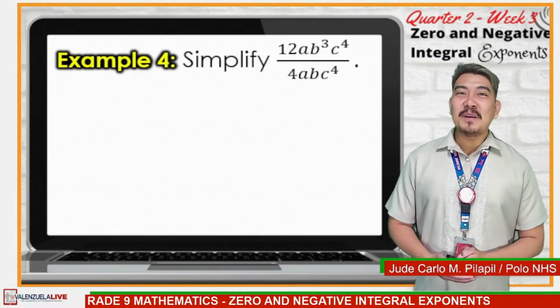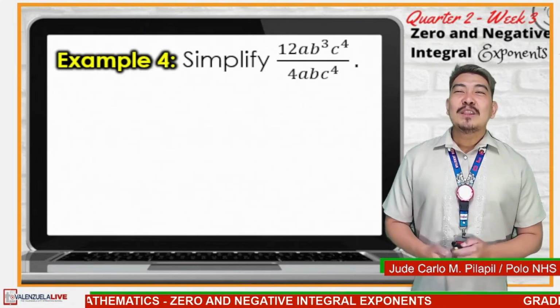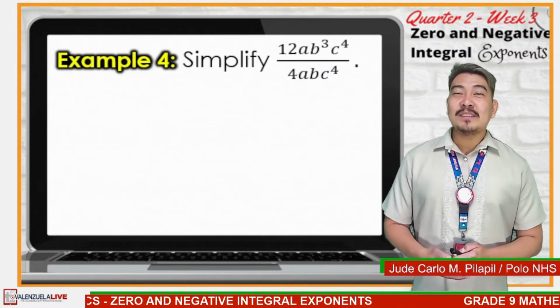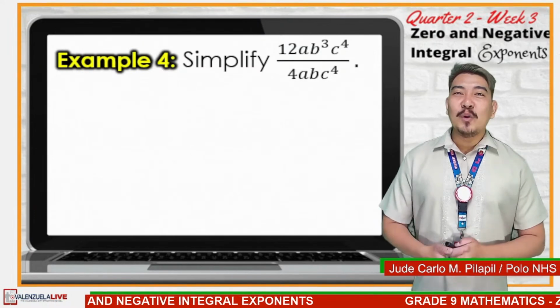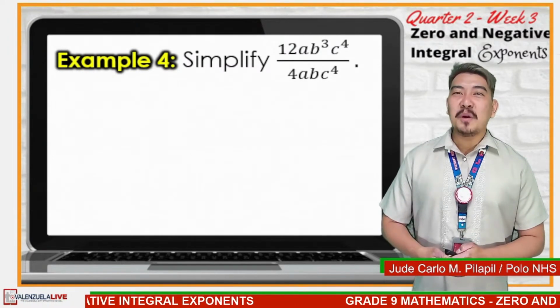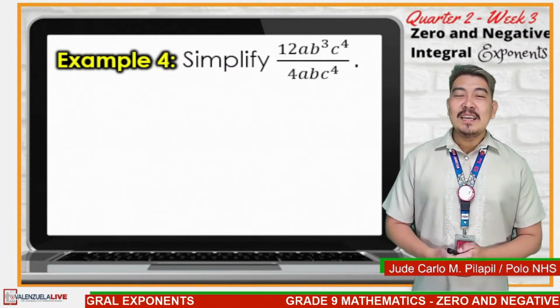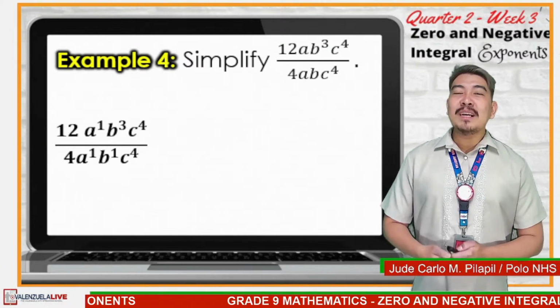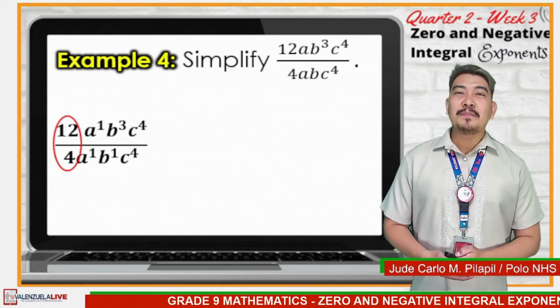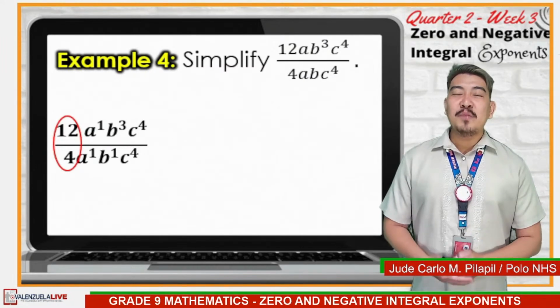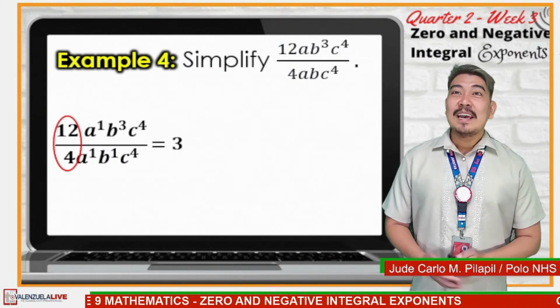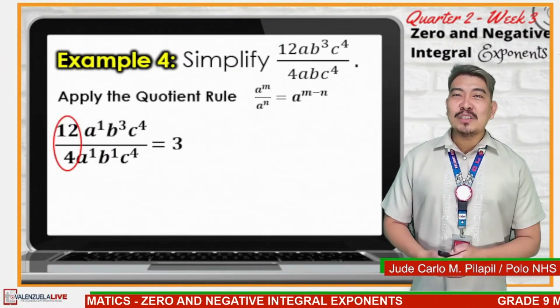Example number 4. Simplify 12ab cubed c raised to 4 all over 4abc raised to 4. If you can see, we can divide the numerical factors 12 and 4. 12 divided by 4 is equal to 3. Then let us apply the quotient rule.